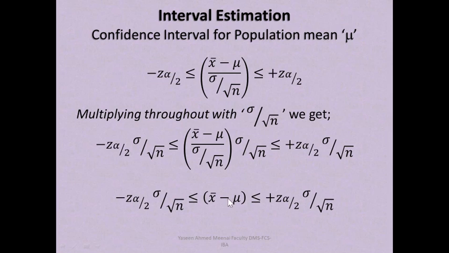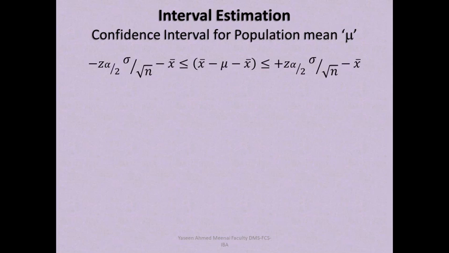In the middle it is still x bar minus mu, and since we want to find mu in the middle, we have to vanish this x bar. How can we eliminate x bar? We subtract x bar throughout the inequality, from both sides, and subtracting x bar from both sides, we get this form.